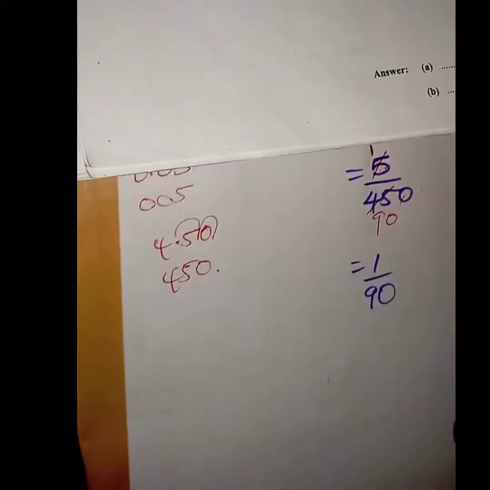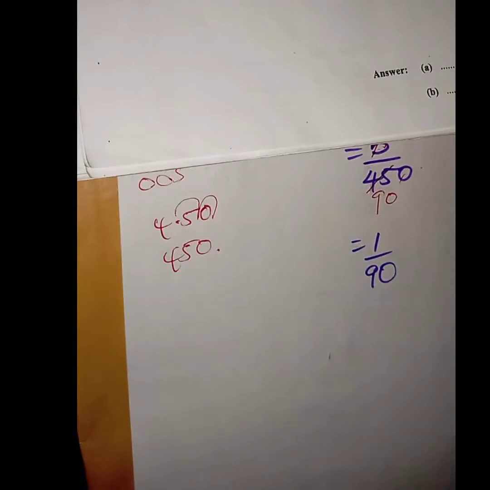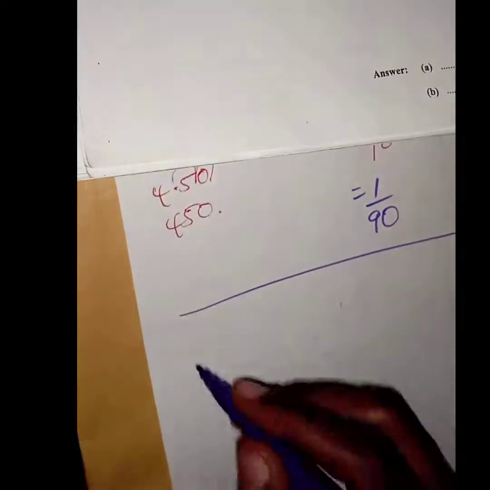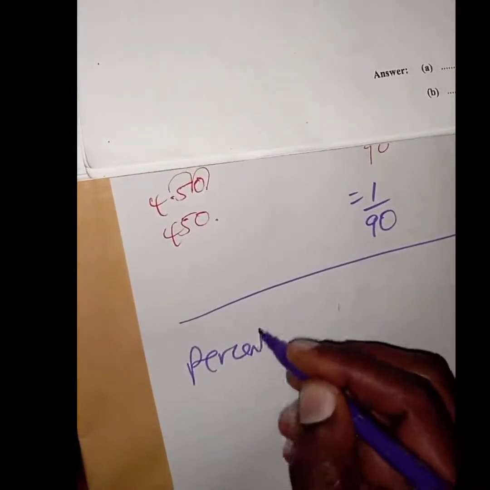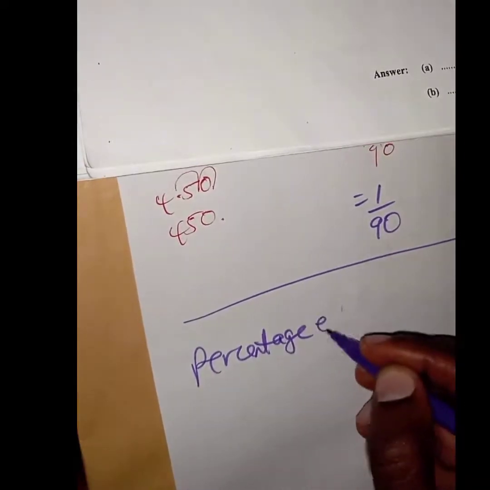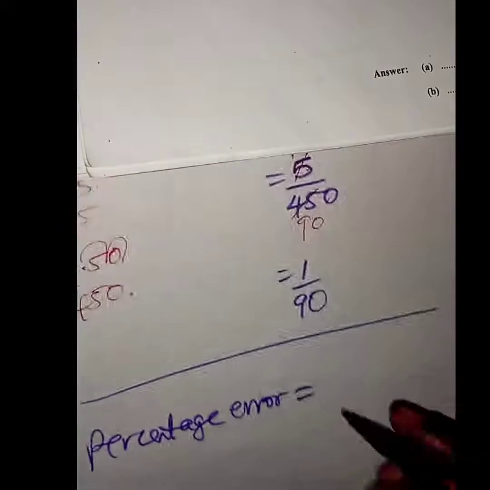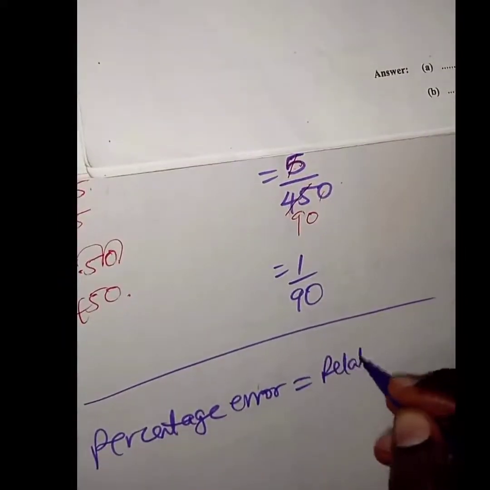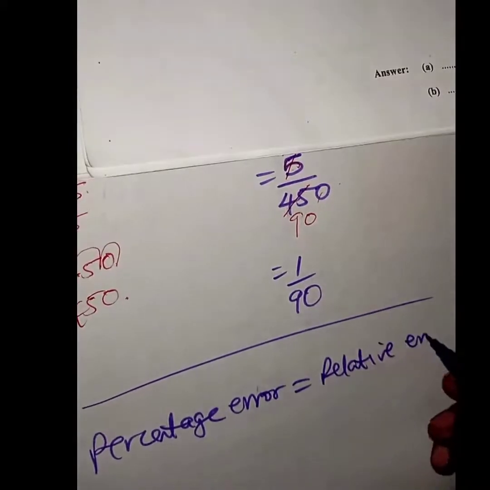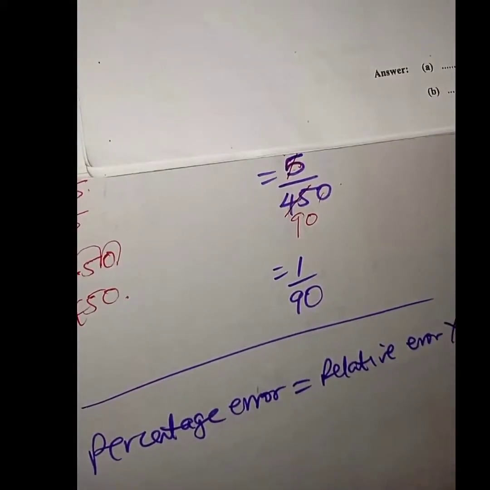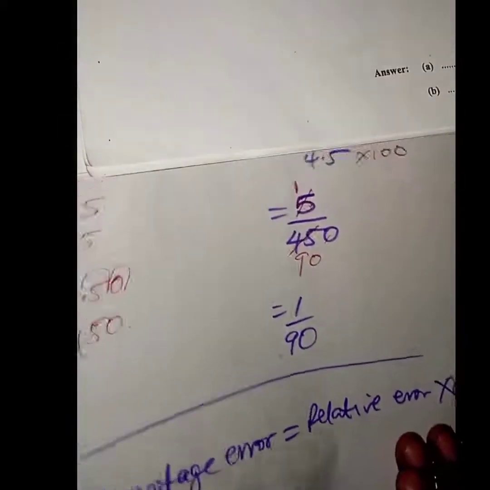Now, there are times where they will ask about percentage error. Percentage error, you simply say relative error times 100, because percentage is out of 100.